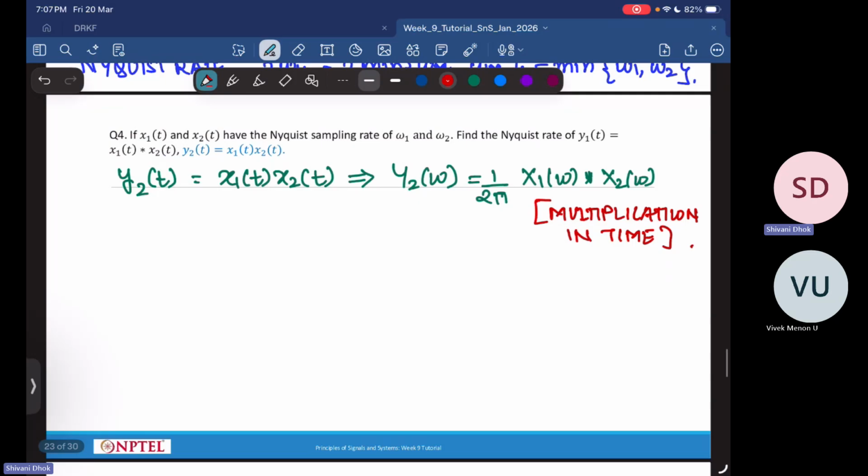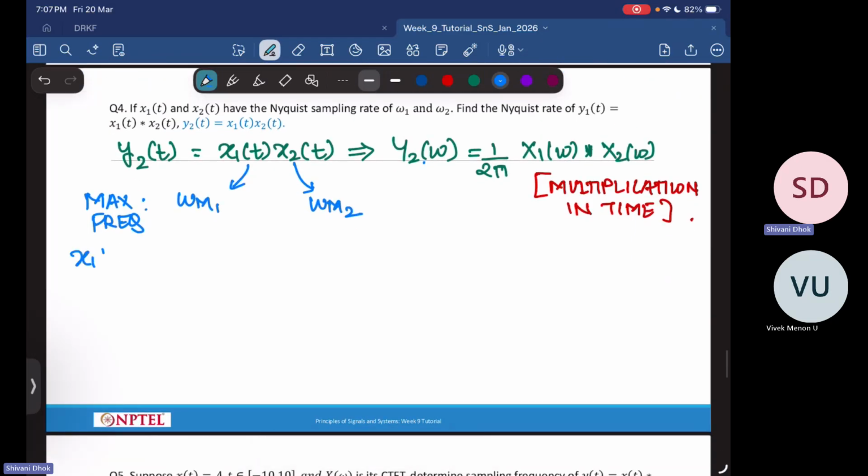Okay, now we know that the maximum frequency of x1 is omega m1 and the maximum frequency of x2 is omega m2.